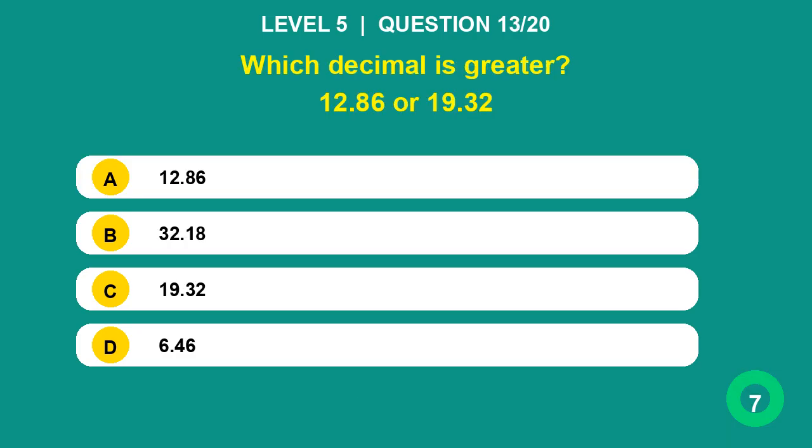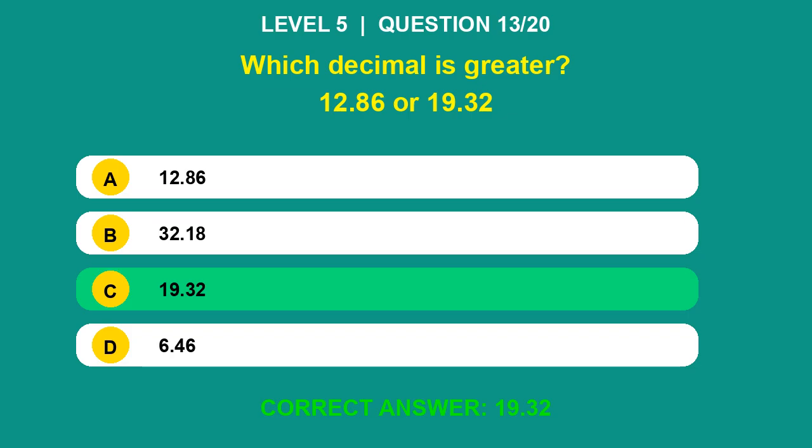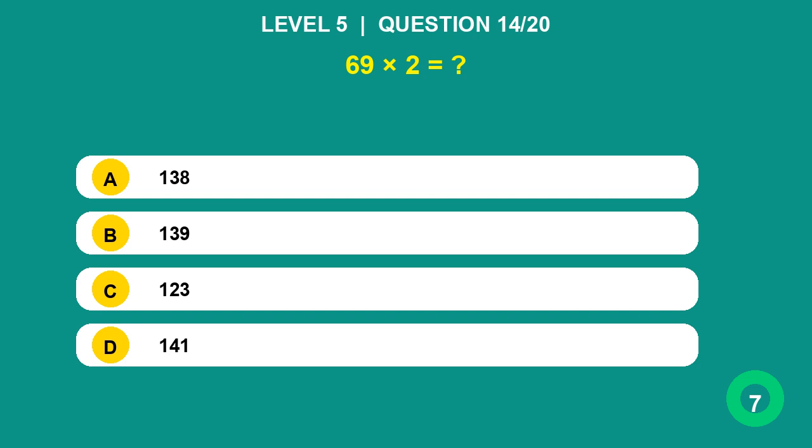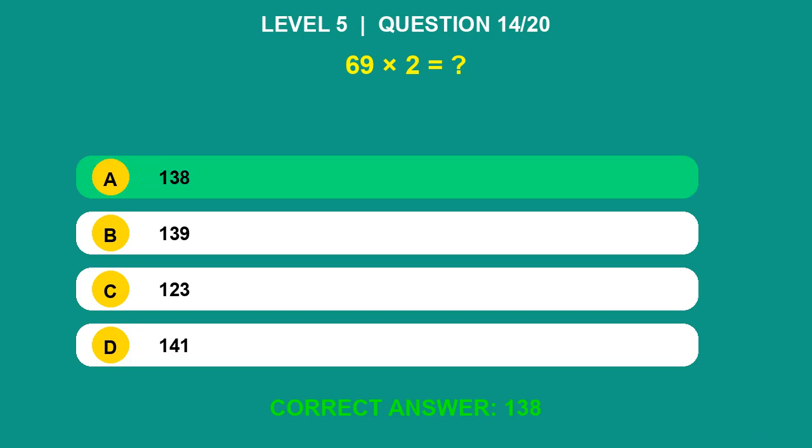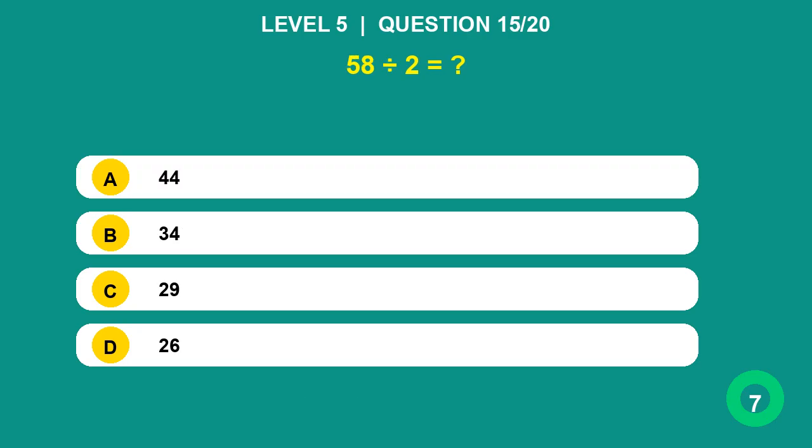Which decimal is greater? 12.86 or 19.32? Answer is 19.32. 69 times 2 equals? Answer is 138. 58 divided by 2 equals?